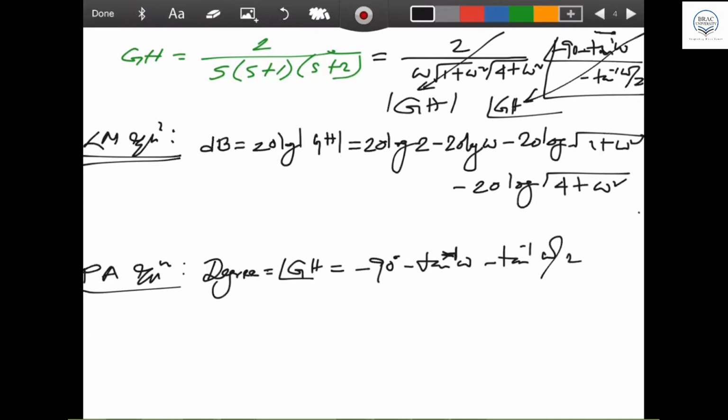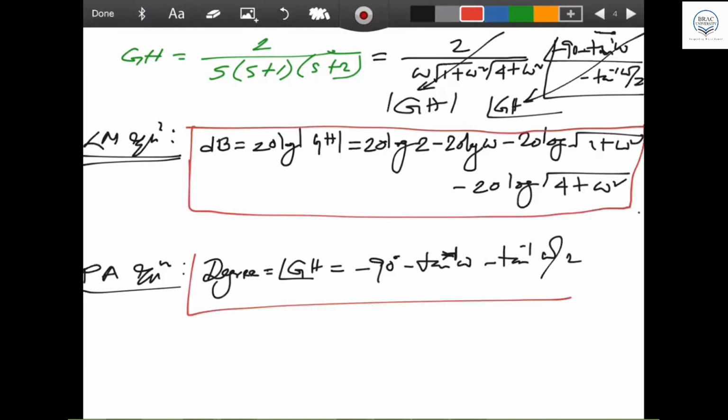So this is the phase angle equation, and this is the log magnitude equation. From this you can get them straight away.